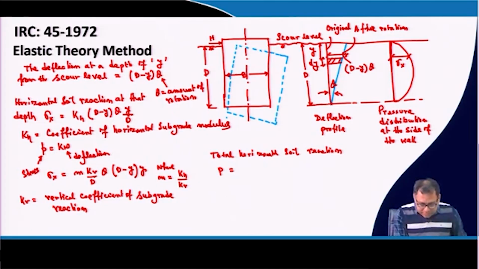If you look at this sigma x, its unit: kV is kilonewton per meter cube and then y into 1, so this will be kilonewton per meter.